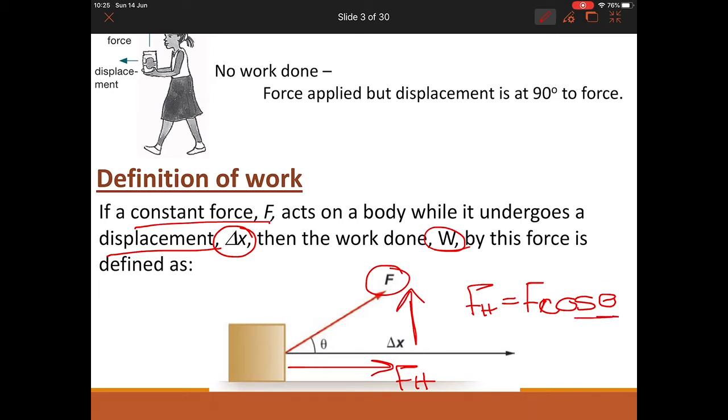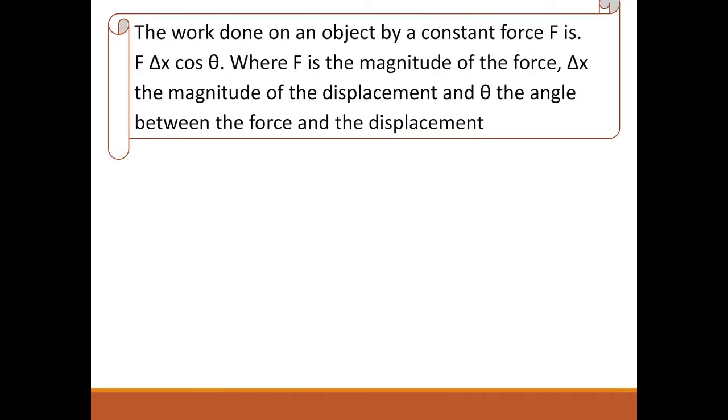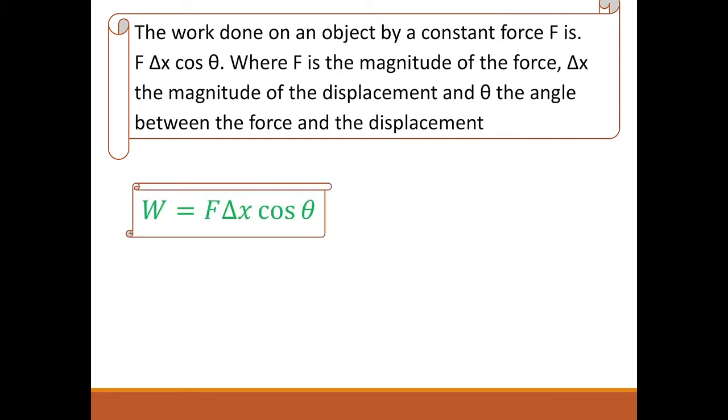So theta is really important because we're looking at the horizontal displacement. So that tells us the work done on an object by a constant force is F delta x cos theta, where F is the magnitude of the force, delta x is the magnitude of the displacement, and theta is the angle between the displacement and the force, which is really, really important.